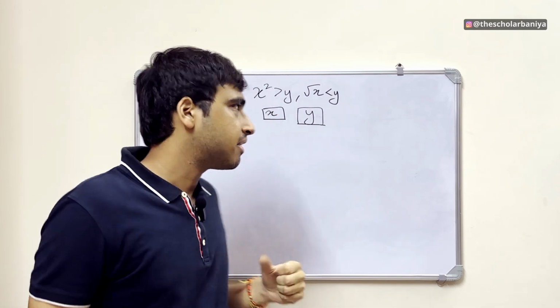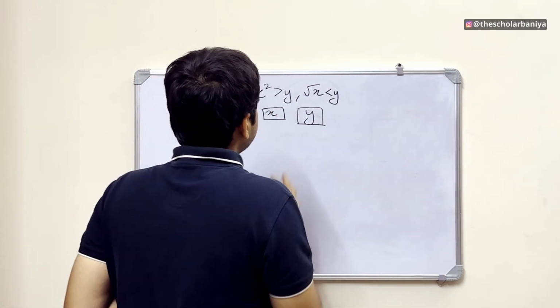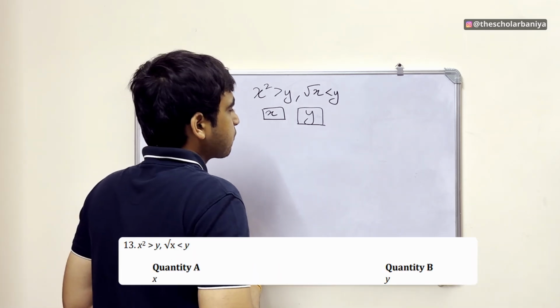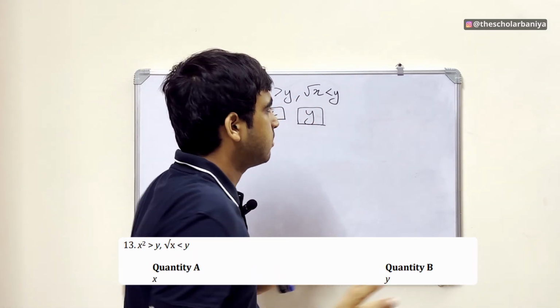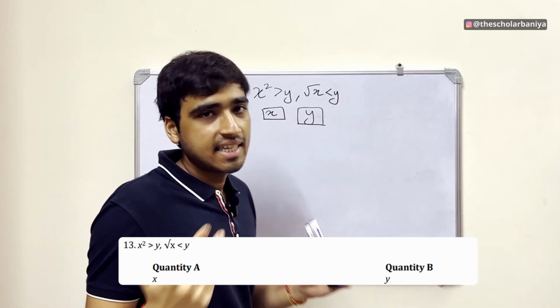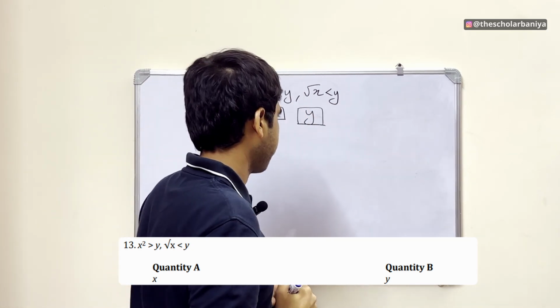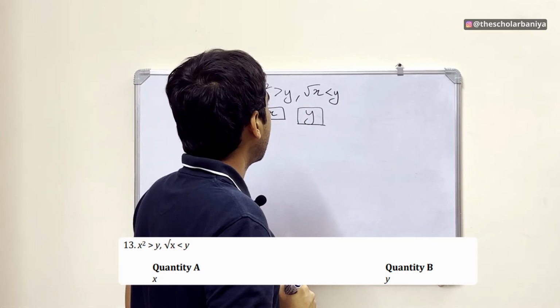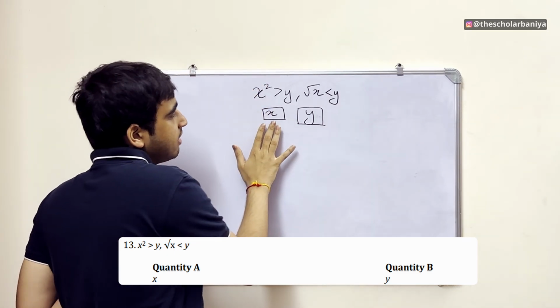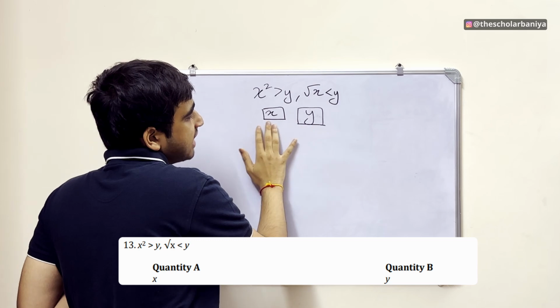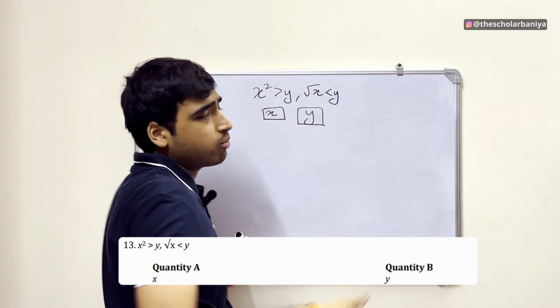Now, what I mean by that, listen to me. We are given x square is greater than y, and root x is less than y. And we have to show that x is greater than y, or x is less than y, or x is equal to y.